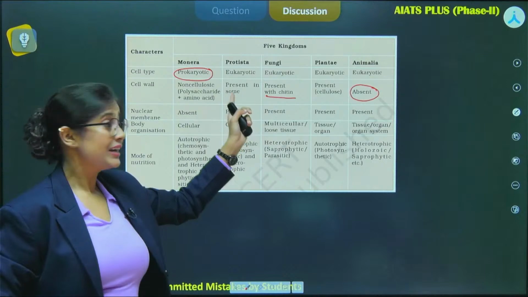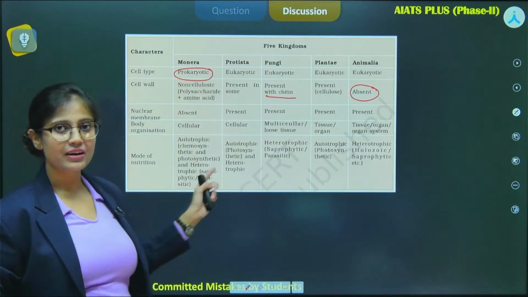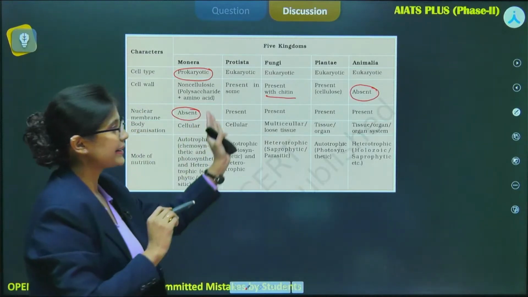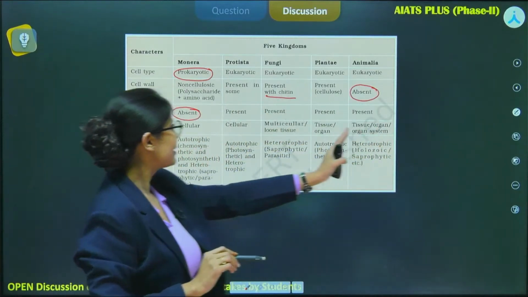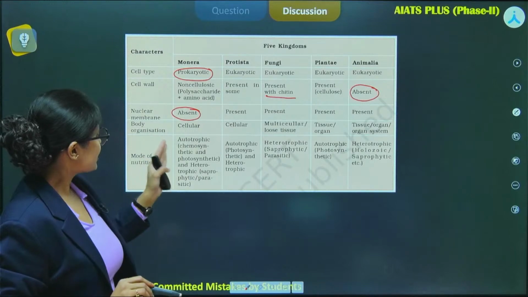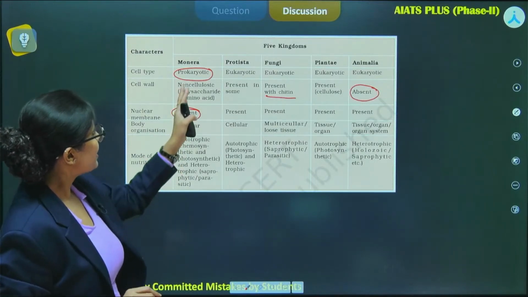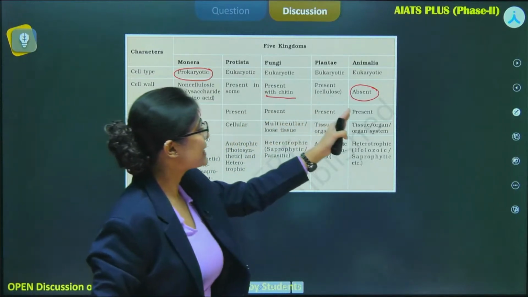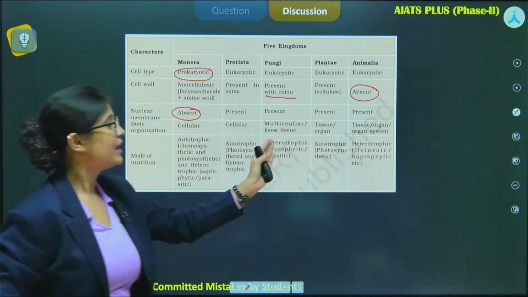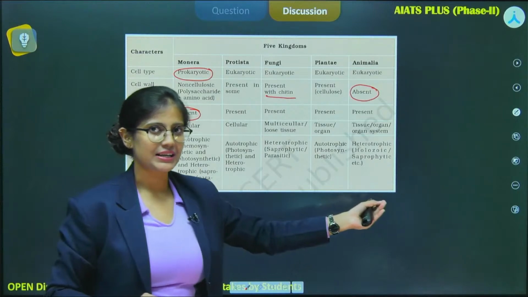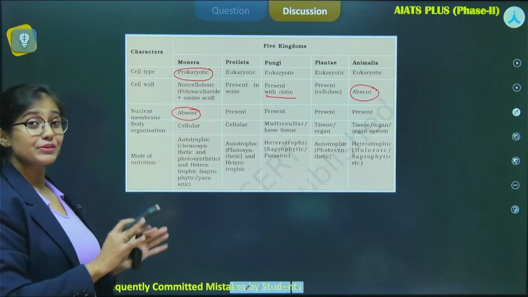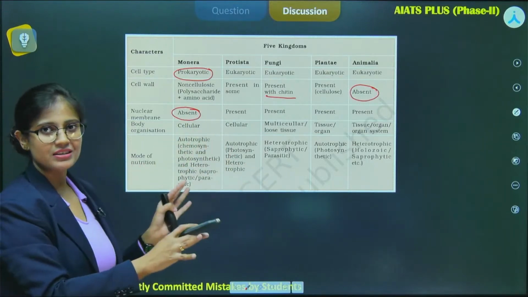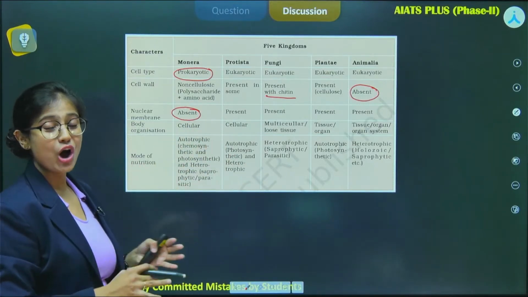As I've told you, the cell type is prokaryotic. That means the nuclear membrane is not present, and all the other kingdoms have one.